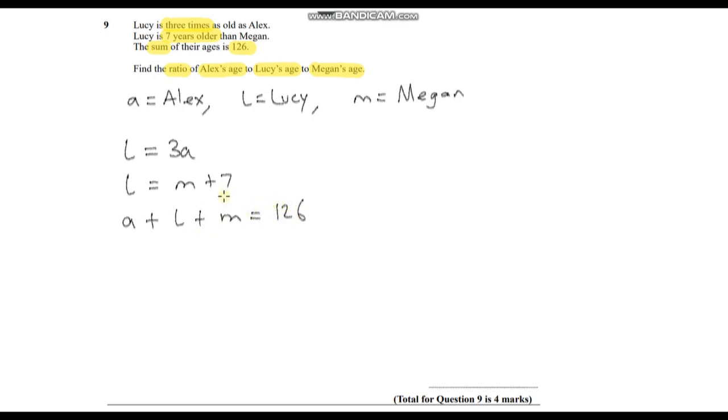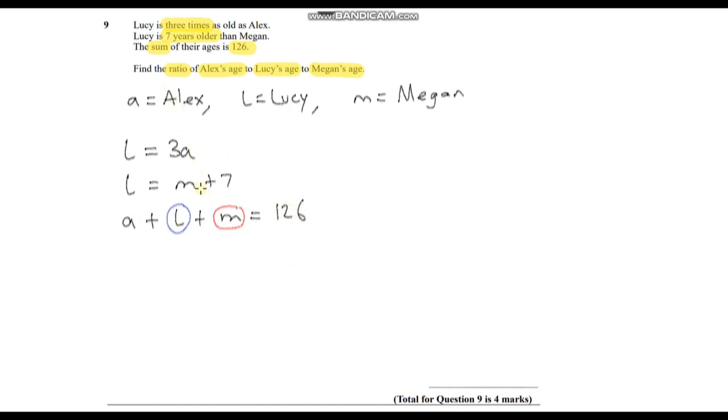So I'm going to try and stop using their names now and just use the letters. So we know that A plus L plus M equals 126. What I'm going to try and do is write an equation for L in terms of A, and also write an equation for M in terms of A, so that we have everything in terms of A. We could then work out how old Alex is.